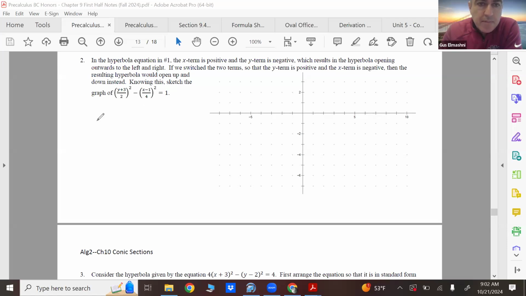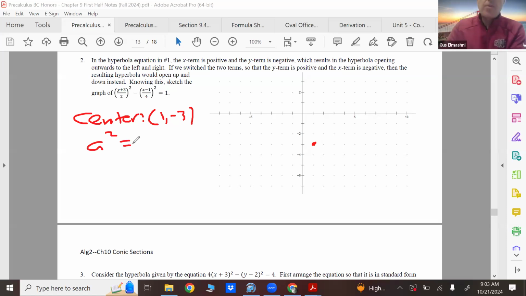So what's my center here? Yeah, (1, -3) still. And I go 1 up. Your a squared is 4 because they wrote it a little differently, so your a is 2 and your b is 4.